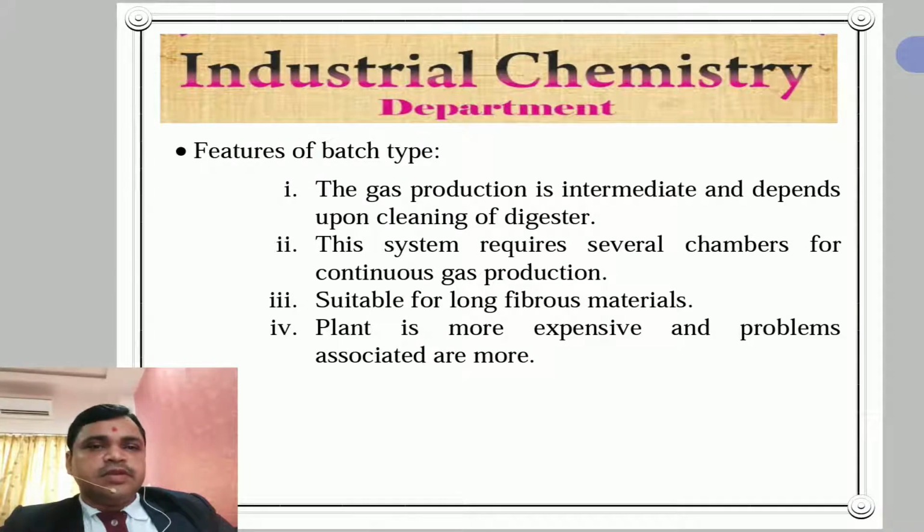And last, number 4, the plant is more expensive and the problems associated are more. Here we get the process step by step. These are the main features of the batch type biogas plant.